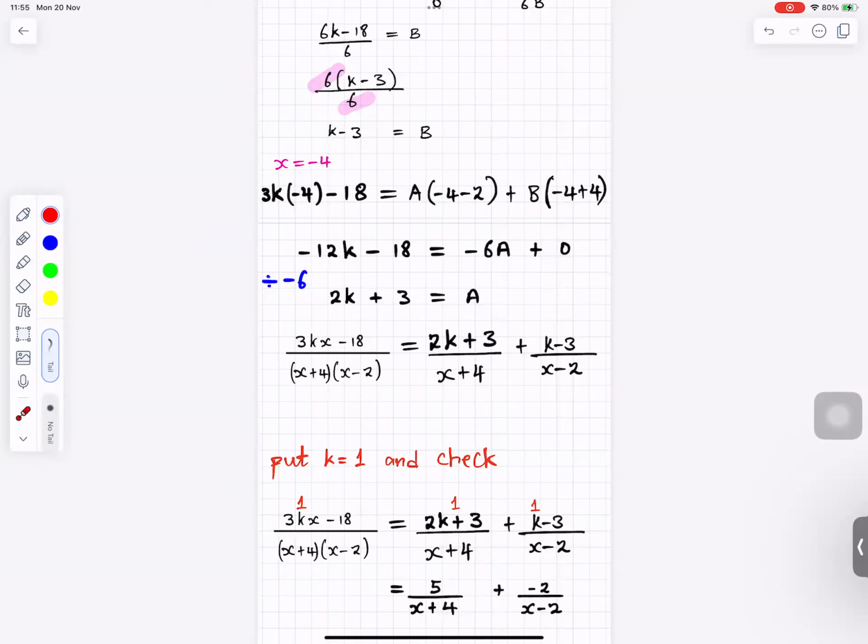The left side will be (3x minus 18) over (x plus 4)(x minus 2). K is 1, so 2 times 1 is 2, plus 3 is 5, so it will be 5 over x plus 4. Put 1 there, it will be minus 1 minus 3 is minus 2 over x minus 2. Let's plot the left graph and the right graph and see if they meet exactly.